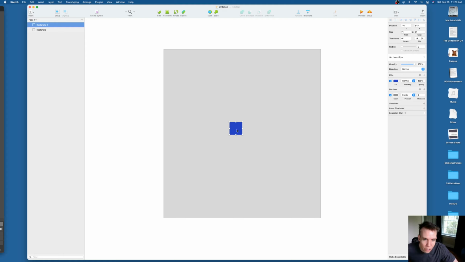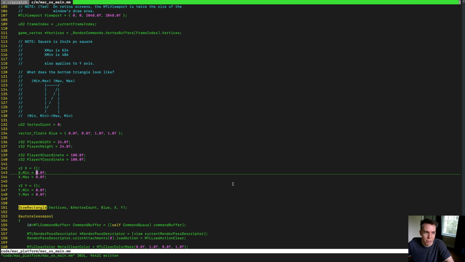Now the start of where we're going to draw the rectangle for the player is actually back on the x-axis, back by half of the player's width. So where we're starting is we take the coordinate that represents the center point of the player, and move back half of the player's width. That's some pretty simple math.